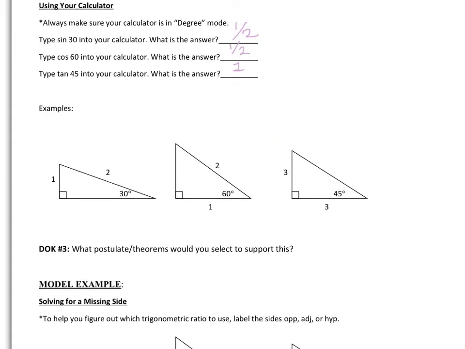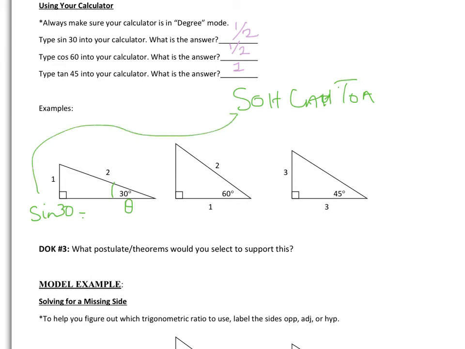So now let's use SOHCAHTOA to find out what we'd get if we had sine 30. Now remember, we are doing everything in terms of the angle. Theta has a value of 30. Sine is opposite over hypotenuse.